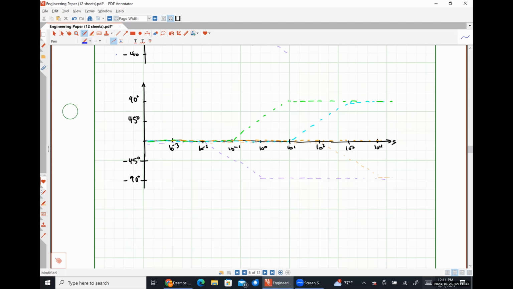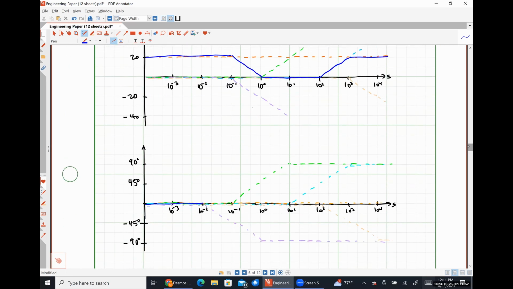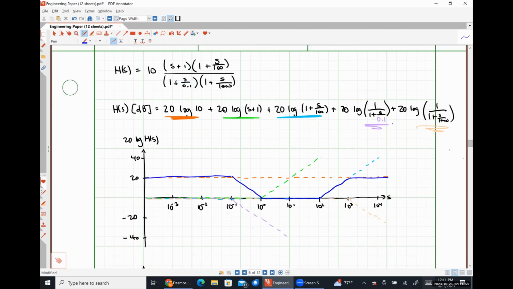So I think I used blue. All of these zeros add together to make 0 until we hit this point. Did I do my, hold on, I might have done one of these. So 10 to the minus 2 is where it starts increasing. Oh, I did that right.